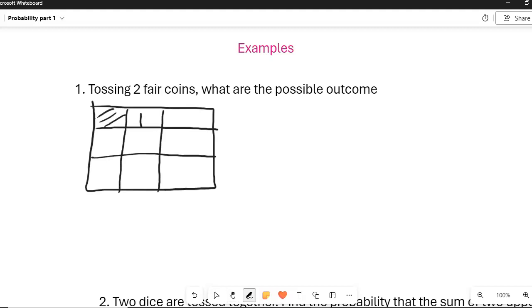One coin has the head and the tail, and the other also has a head and a tail. This is the first coin, and then the second coin.